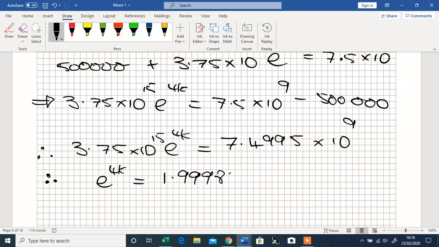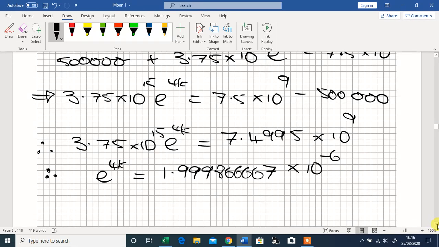You would write it to say 3 significant figures or something like that. But the thing is, this is 10 to the minus 6.